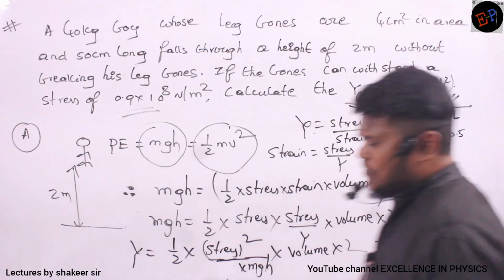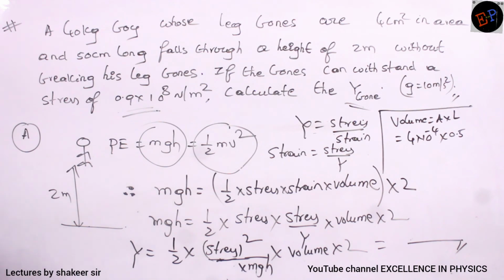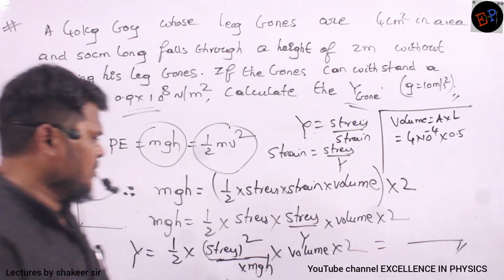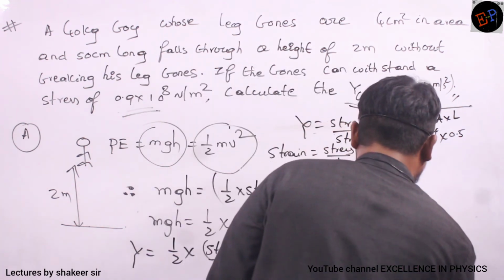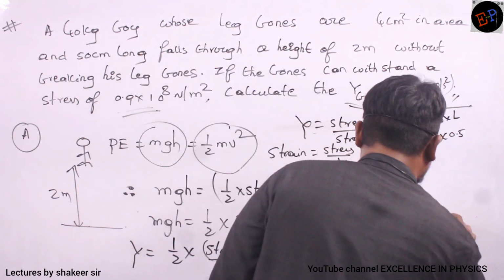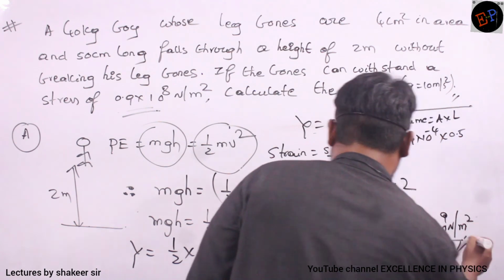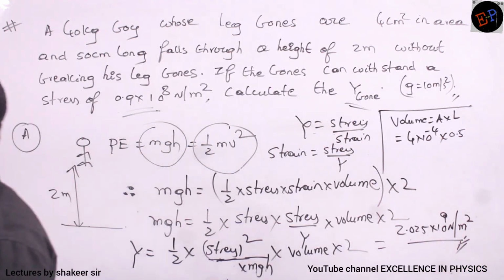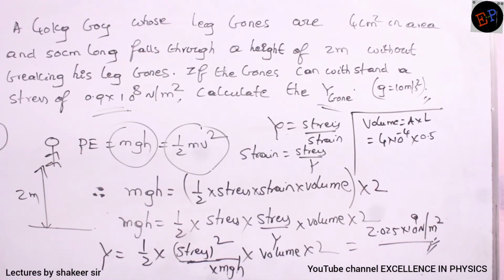Then the final answer which you should get is 2.025 into 10 power 9 Newton per meter square. So that is the Young's modulus of the bone. Have you understood? Already we have written all these formulae previously, no? So we are just using those formulas.